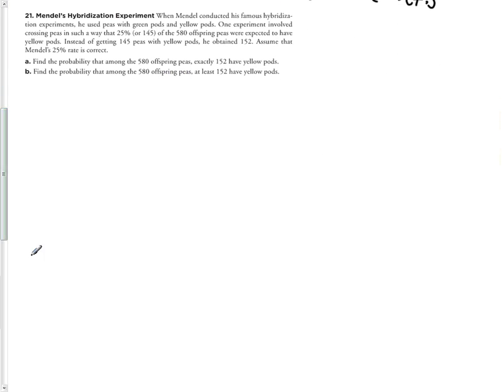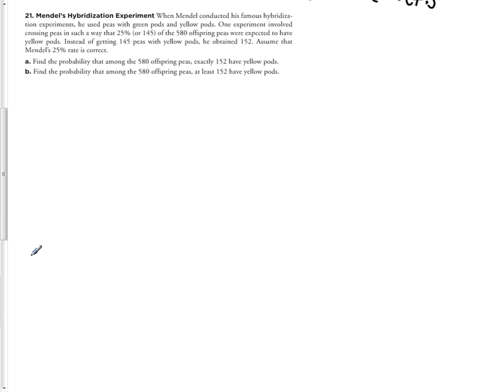We have Mendel's hybridization experiments. When Mendel conducted his famous hybridization experiments, he used peas with green pods and yellow pods. One experiment involved crossing peas in such a way that 25% or 145 of the 580 offspring peas were expected to have yellow pods.